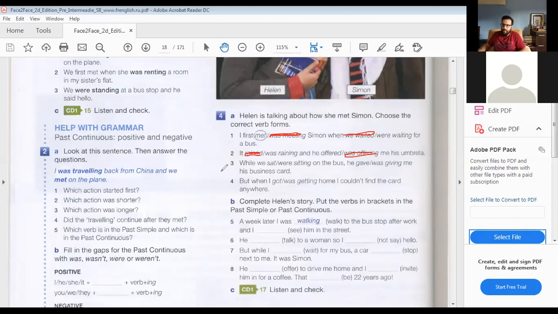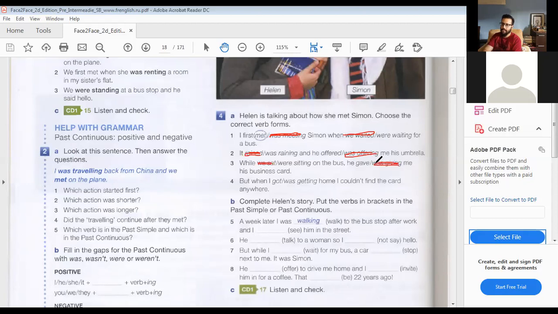Okay, same thing for number 3 and 4. Let's check them. Yes. While we were sitting on the bus, he gave or was giving me his business card. While we sat, while we were sitting on the bus, he gave me his business card.